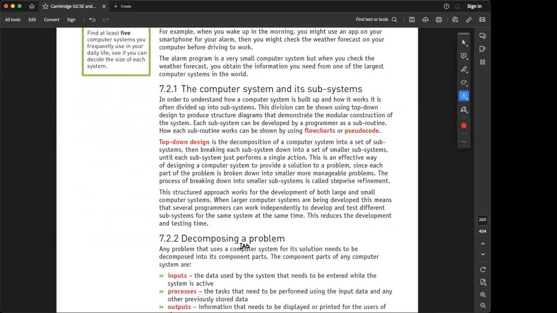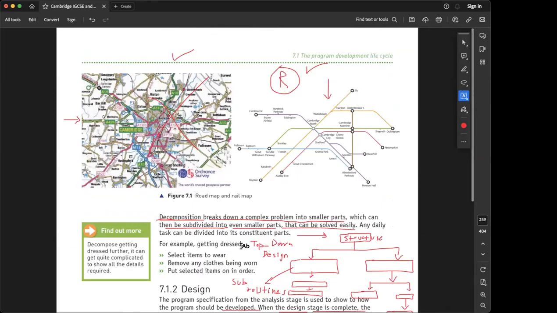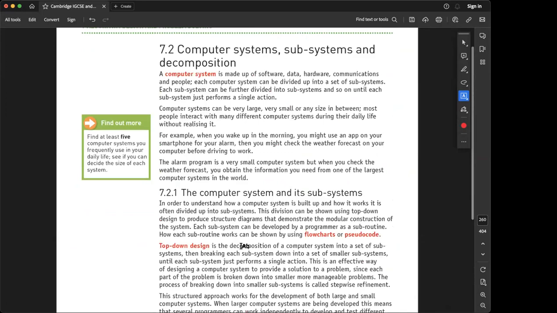So now we are going to study computer systems, like how we are going to manage a computer system. We know that a computer system is made up of software, data, hardware, communications, and of course, human beings, people.